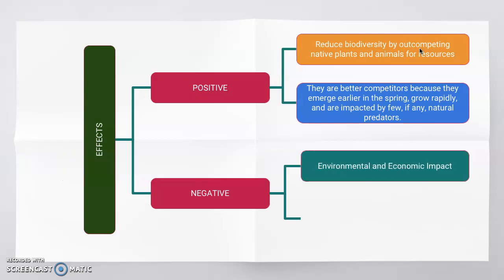And regarding the negative aspects, as it's been obvious and logical, we have environmental and economic impacts. So I will show you an example of this in a moment. And we also have a health impact, not only as human beings, but in our species and especially the ones who are in danger.